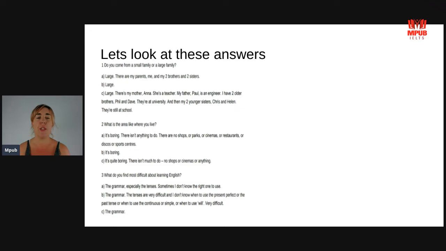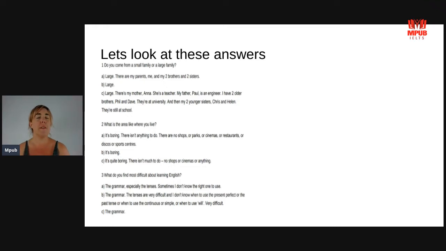A, large, there are my parents, me and my 2 brothers and 2 sisters. B, large. C, large, there's my mother, Anna. She's a teacher. My father, Paul, is an engineer. I have 2 older brothers, Phil and Dave. They are at university. And then my 2 younger sisters, Chris and Helen. They are still at school.